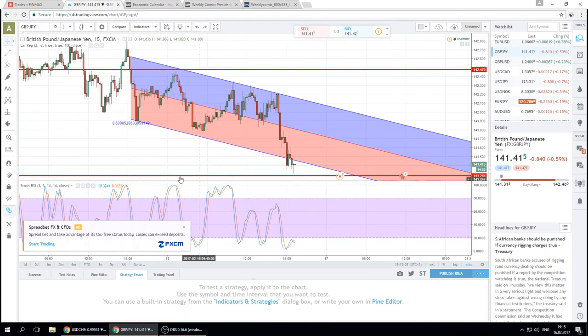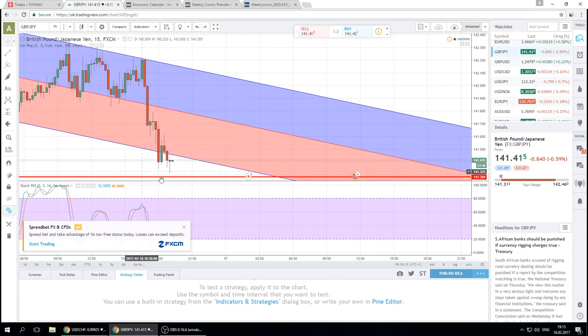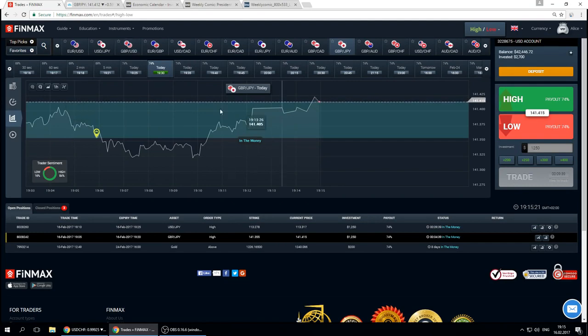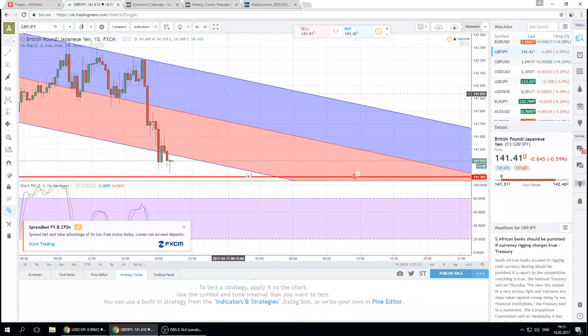Here you see that the prices are testing this level. And for us, that's a good situation because we can close our trade in the money.